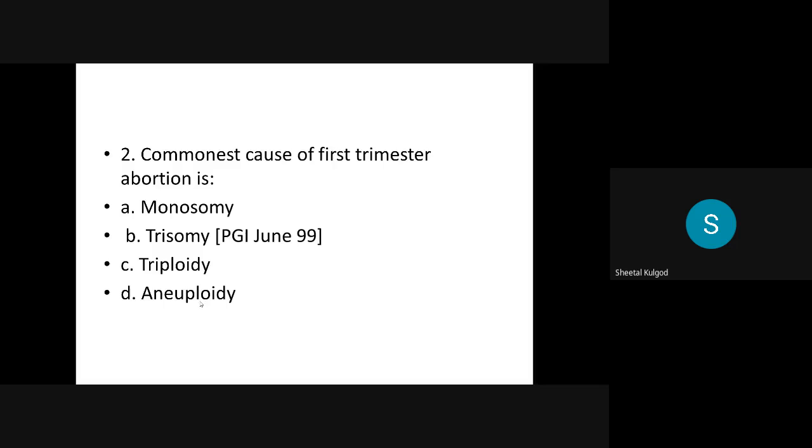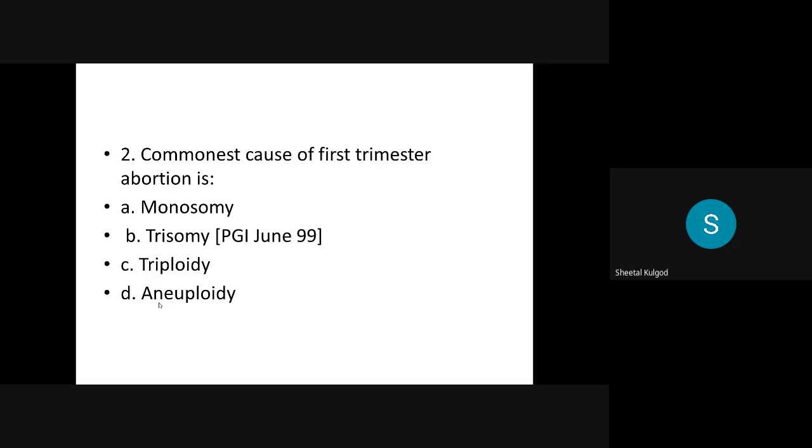So when we read the theoretical part, we understood that, of course, chromosomal abnormalities are the most common cause of first trimester abortions. But amongst the chromosomal abnormalities, the most common problem which has been found in these abortuses in the fetus is actually the structural problems in the chromosomes rather than the number of the chromosomes. Okay, so that is aneuploidy.